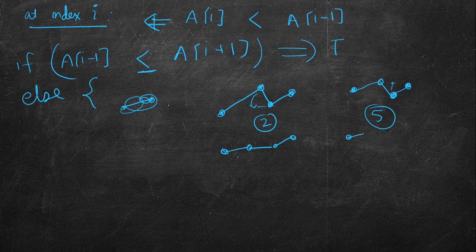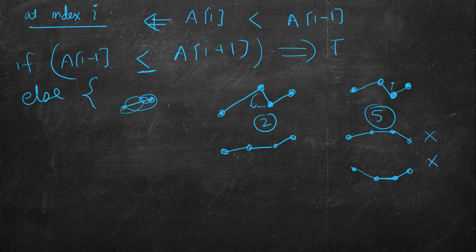So the two cases would be that, and the other one would be let's keep it as it is. So we decrease it and then flat and then increasing. Both cases are wrong.